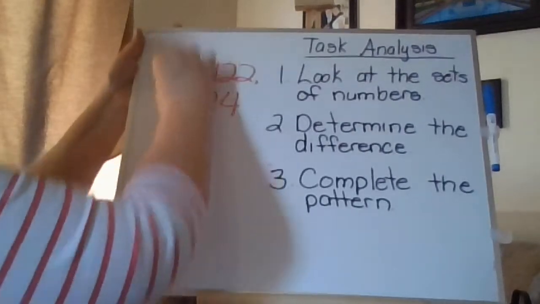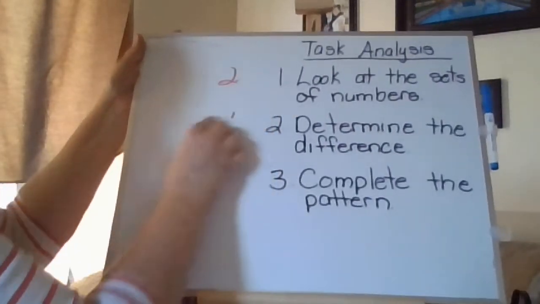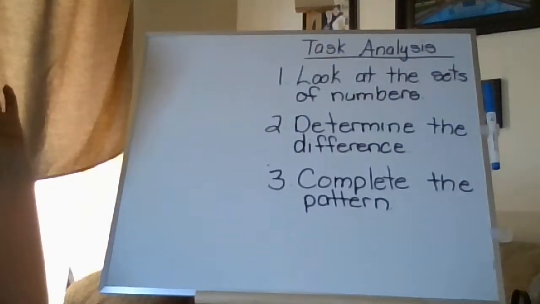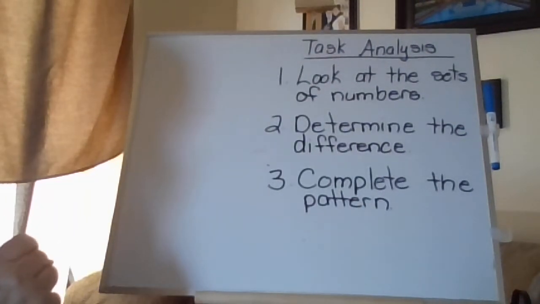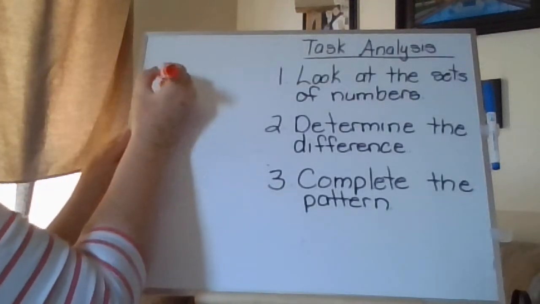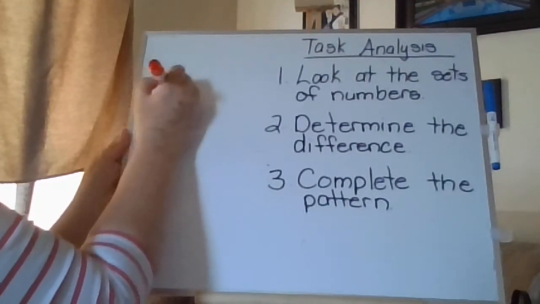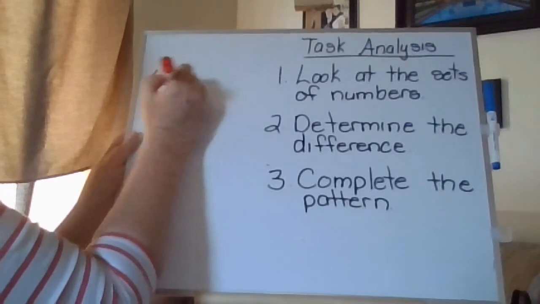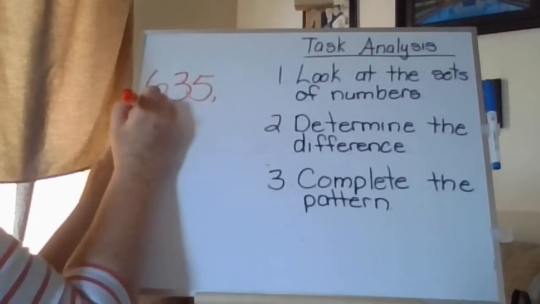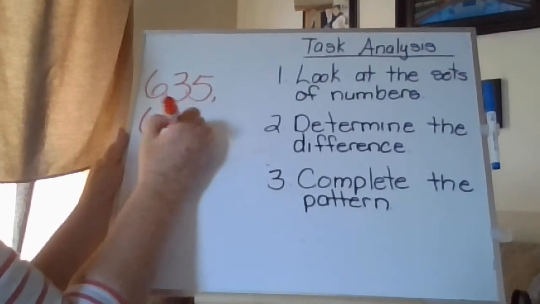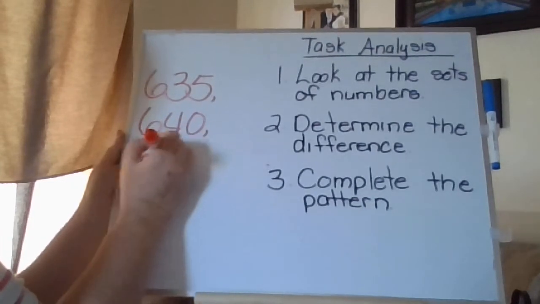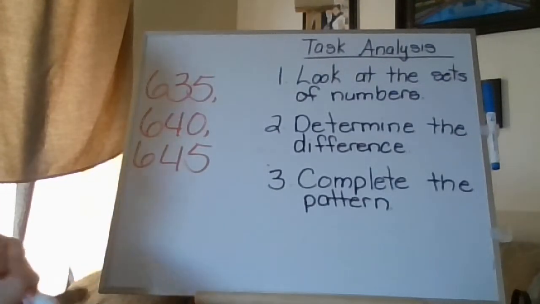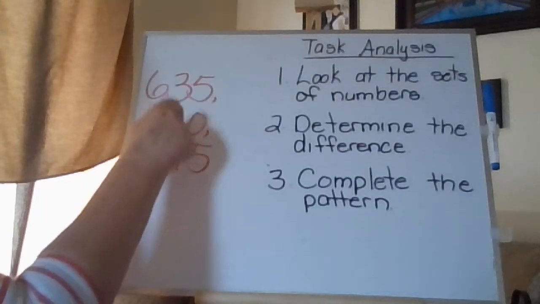I want us to try just one more. And let's try, let's say 635, 640, 645. What would our next three numbers be? Well, first determine the difference between these.